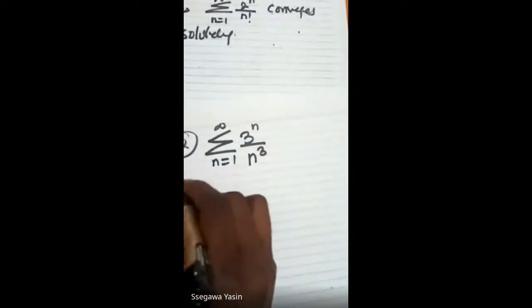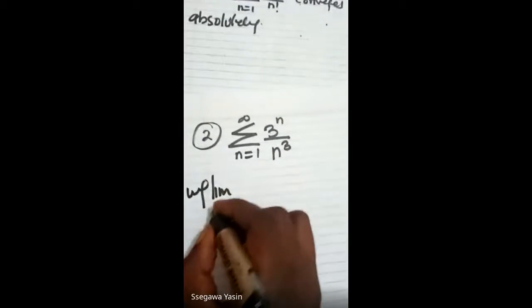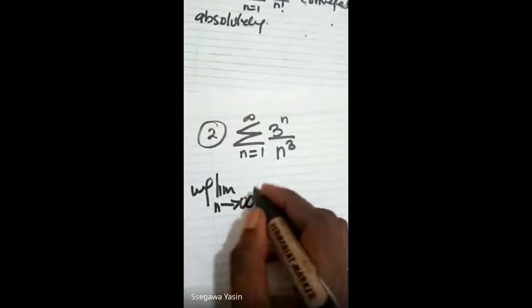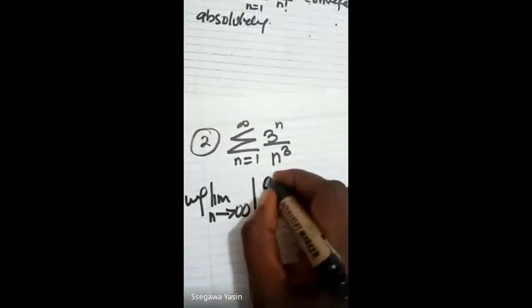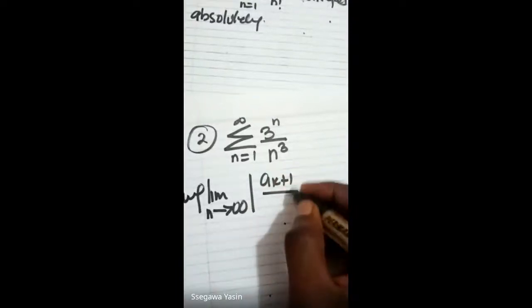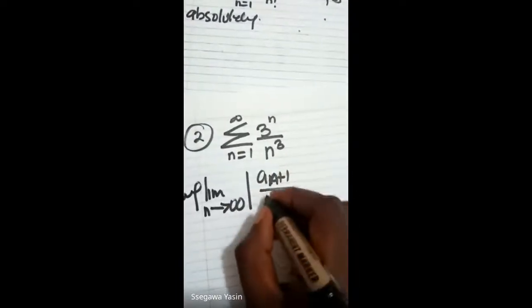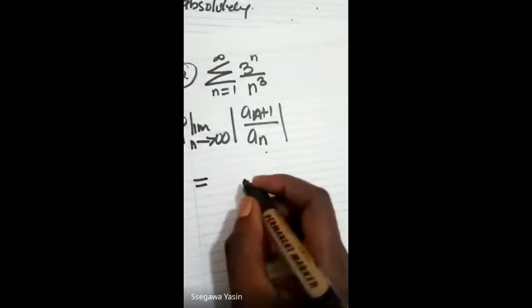So, using the limit as n goes to infinity of a_(n+1) over a_n, so this is equal to what?